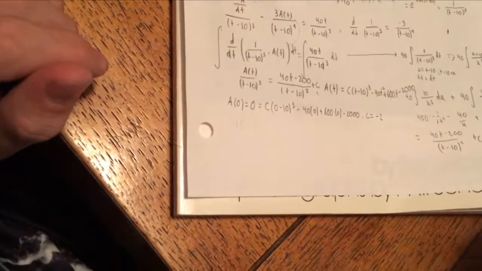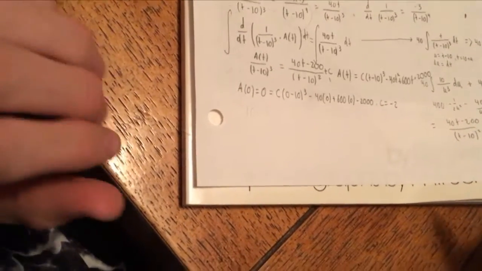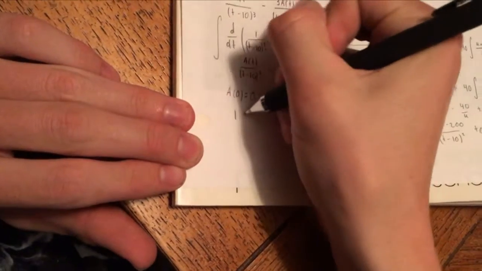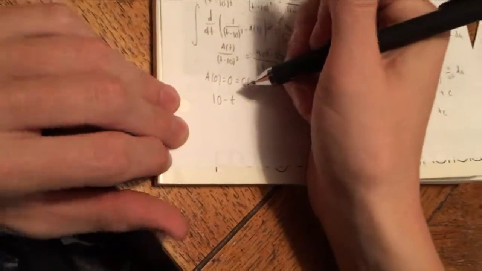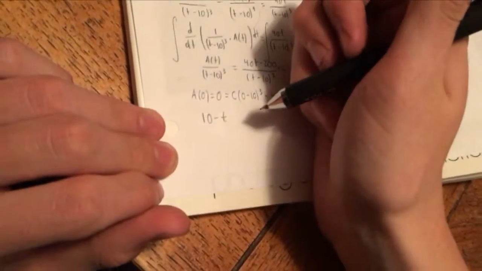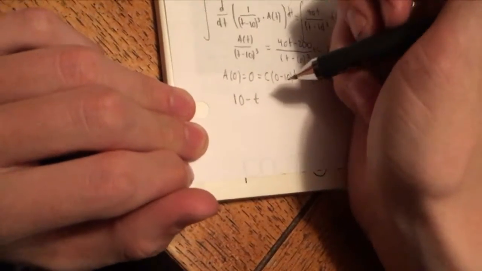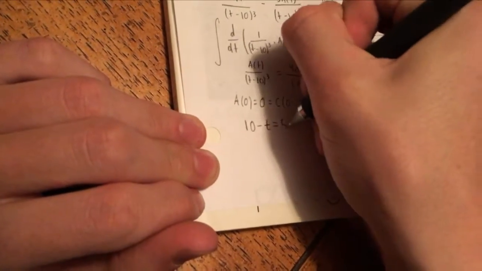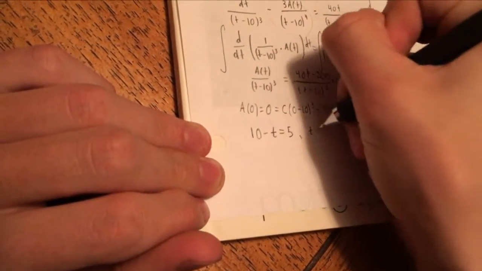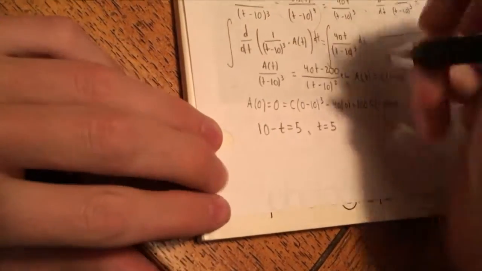And then considering that the amount of water in the tank is represented by the expression 10 minus t, and that we're looking for the amount of toxic substance when there's 5 liters in the tank, or half of the tank, we're going to set this equal to 5, and t will be 5.